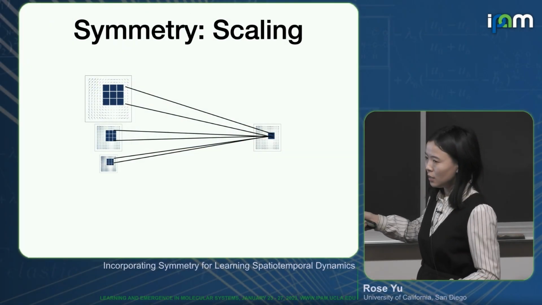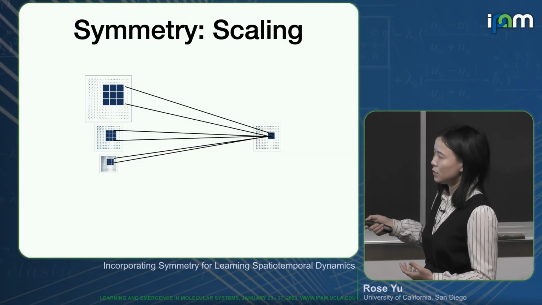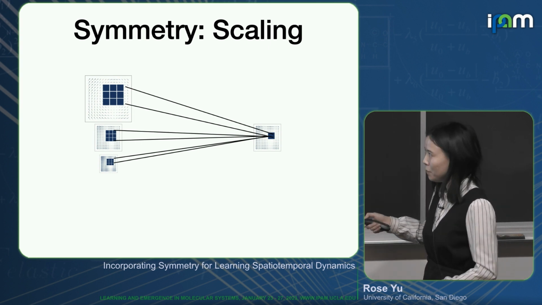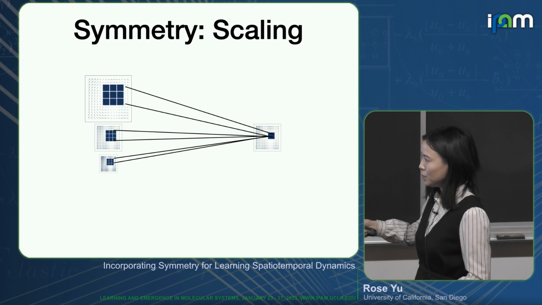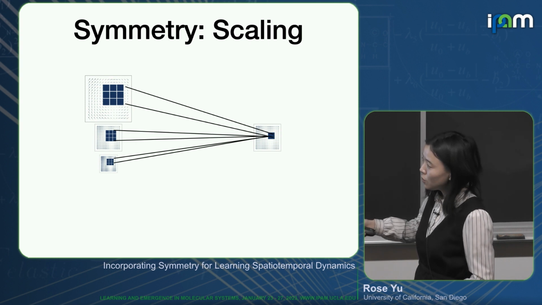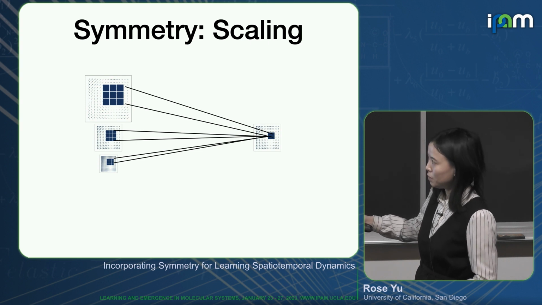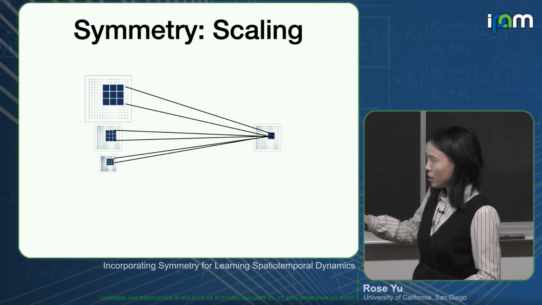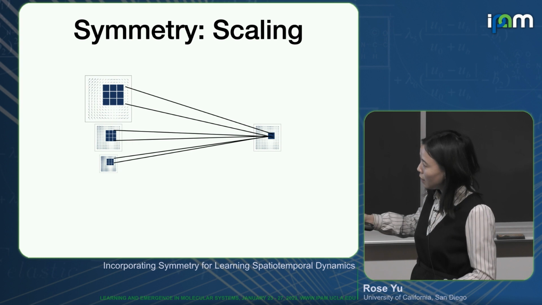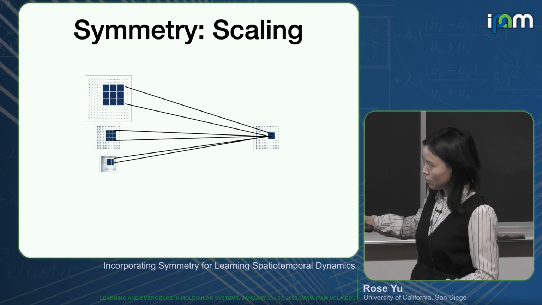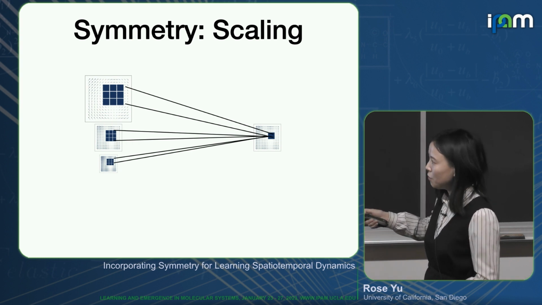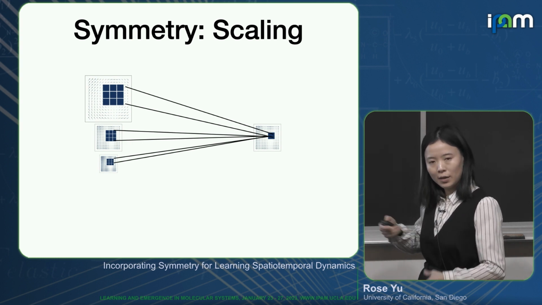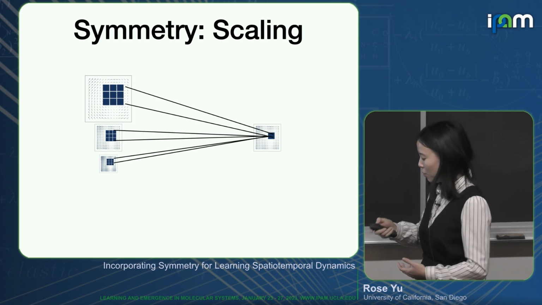You can see this is very analogous to how CNNs share weights for translation symmetry. For scale symmetry, we can upscale the kernel by different factors. These are the same velocity field, just scaled by different factors. Then we allow the weights to be shared across different scales, the weights within each scale to be freely trainable, and the final filter is the aggregation over different scales. In this way, we can obtain scale equivariance.